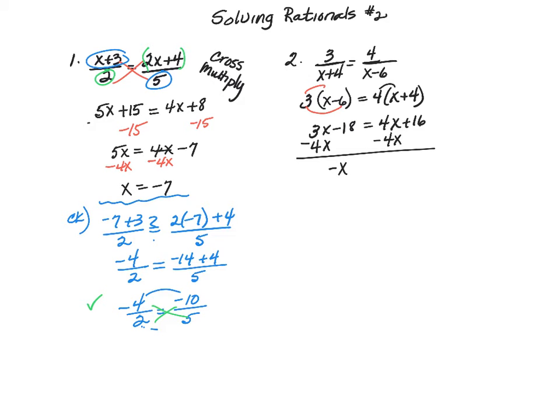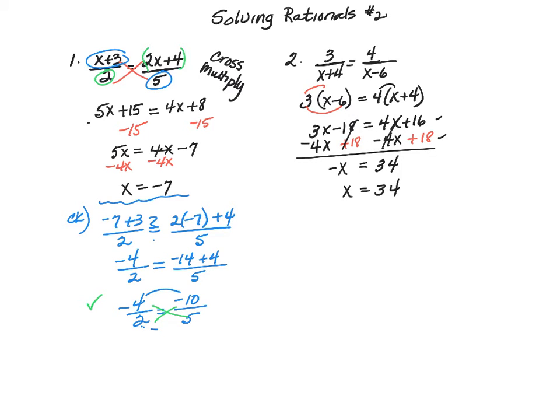Now I want to get my other numbers together, so what I'm going to do is add 18 here and add 18 here. Negative 18 plus 18 gives me 0. So that means this is gone, and 16 plus 18 gives me 34. So I end up with negative x is equal to 34.